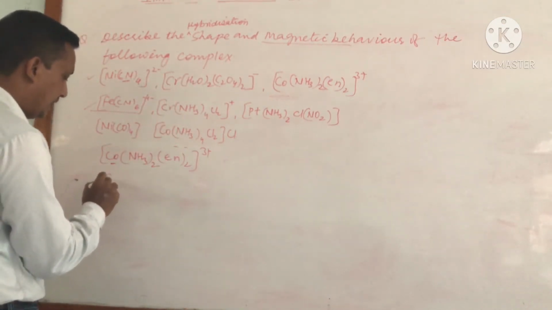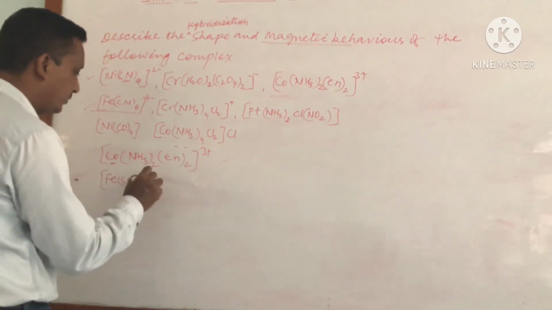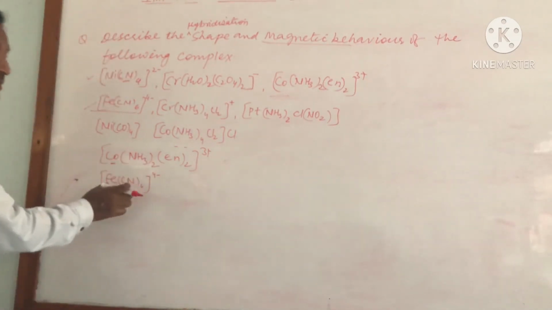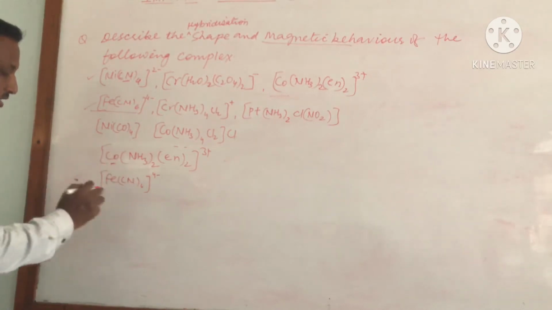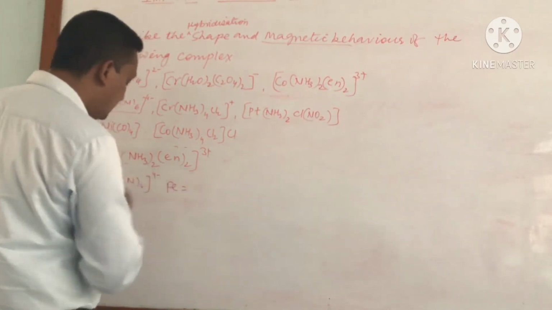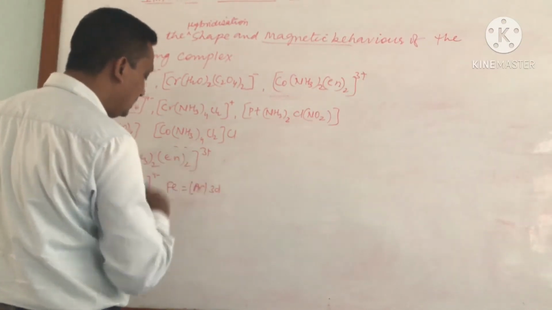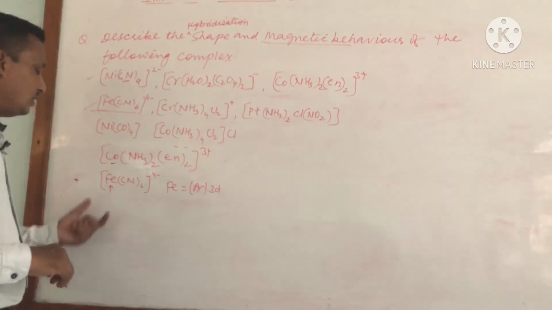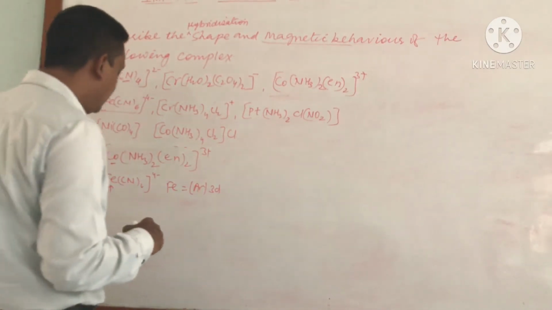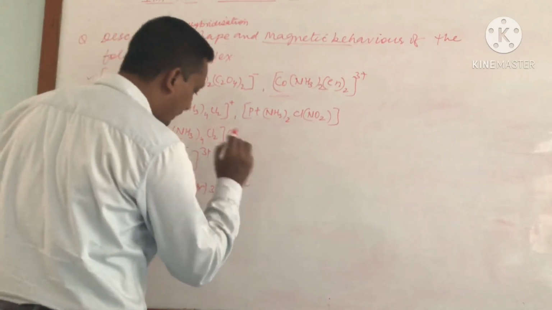[Fe(CN)6]4-. In this case, the central atom is Fe. The electronic configuration of Fe is argon 3d6 4s2.